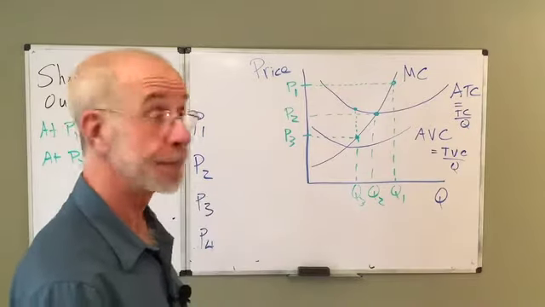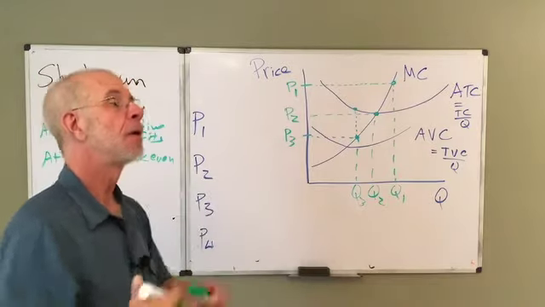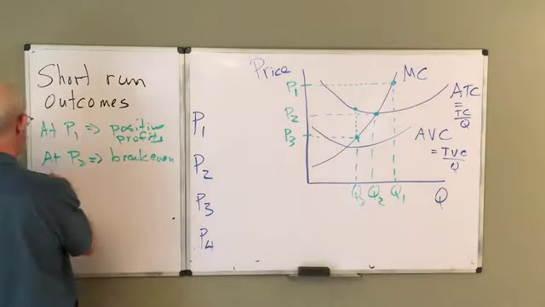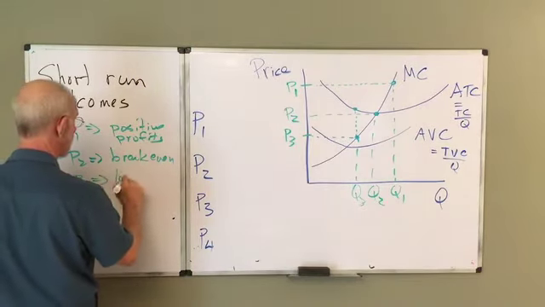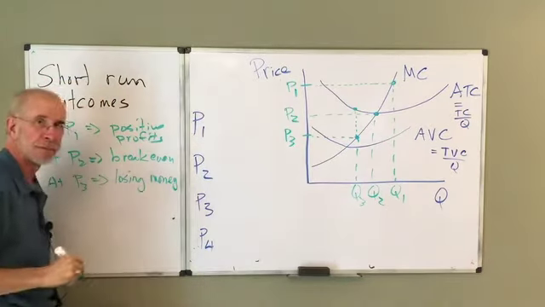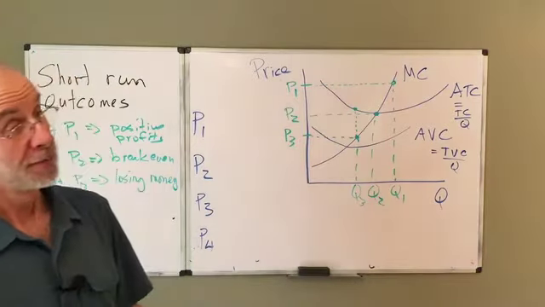Okay, they're bleeding. They are bringing in less revenue than their total costs. So at price P3, losing money, negative profits.